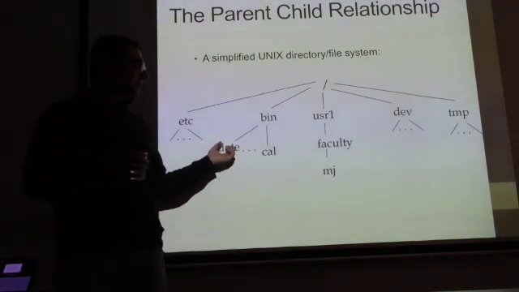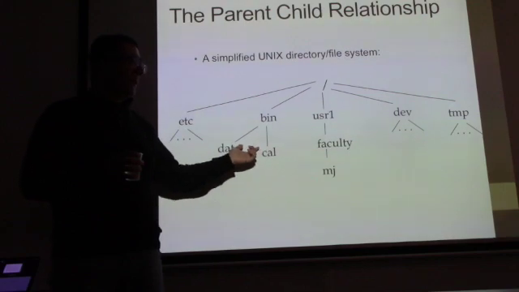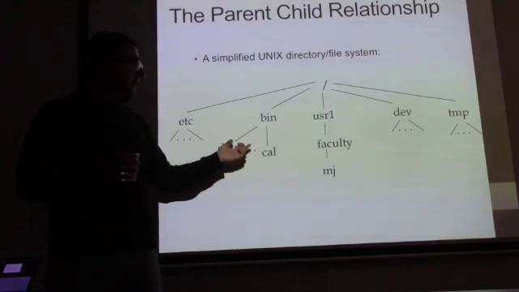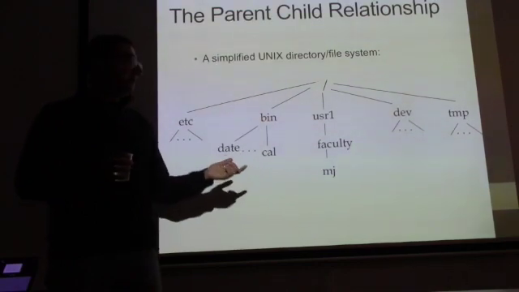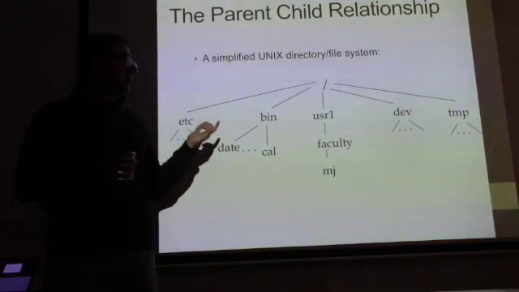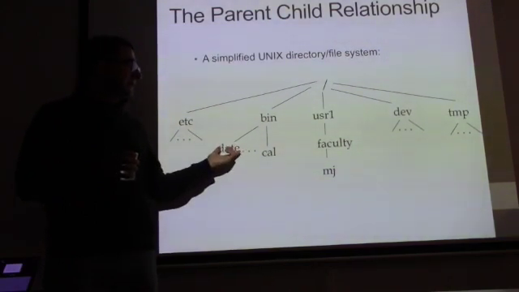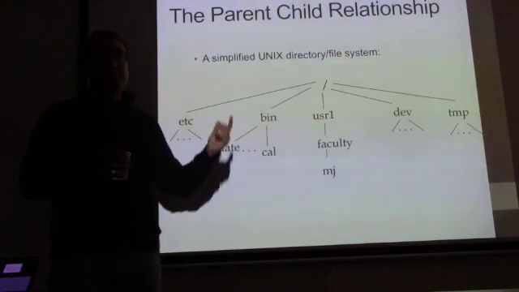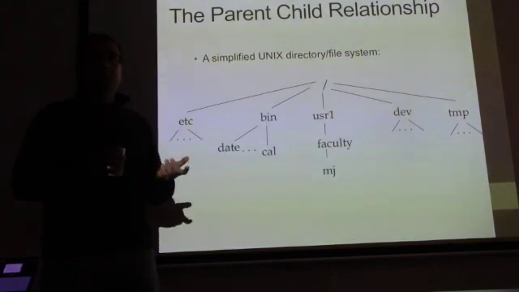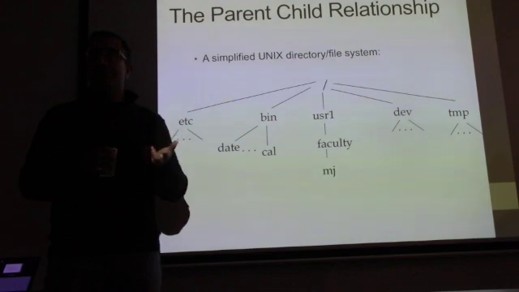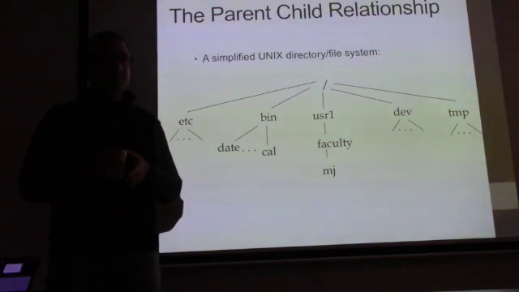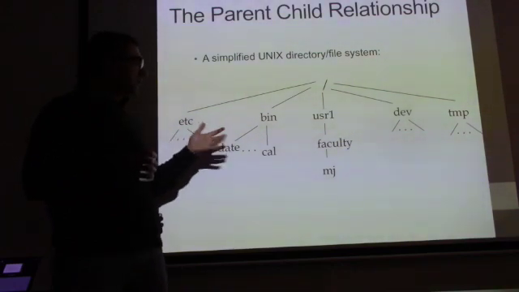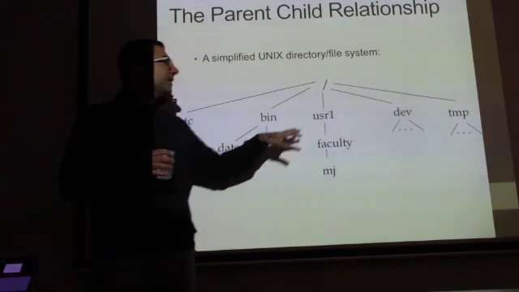So your commands like date, calendar, ls, all these other programs are also files which are contained in the bin directory. And if you're a super user, you can go in there and delete, say, the date file, and then nobody would be able to use the date command. Does that make sense? But you're not a super user, so you won't be able to do it.